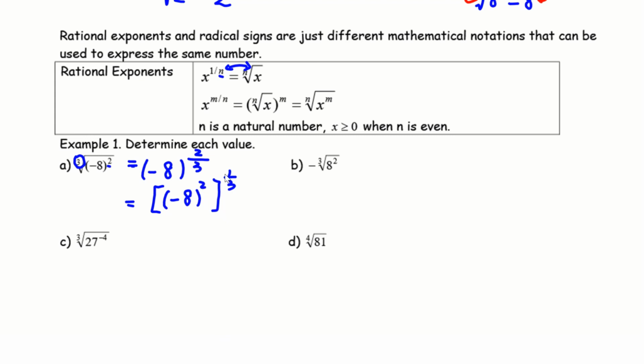Power of a power is numerator times numerator, denominator times denominator. So if the base is negative, some calculators will give you an error. So we are going to do the numerator first, then do the exponent 1/3. You will have equals 4.